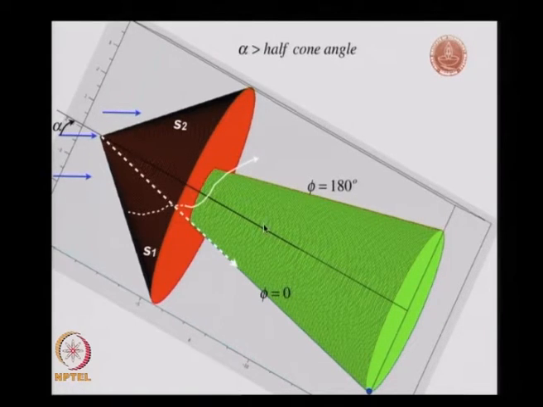Similarly, we will have the other streamlines which again do not merge there, but they seem to curl up and then merge somewhere. If I draw a line through that, I will see that there is merging onto a line which is not coinciding with phi equals 180 degrees. That is happening because the angle of attack is greater than the half cone angle.